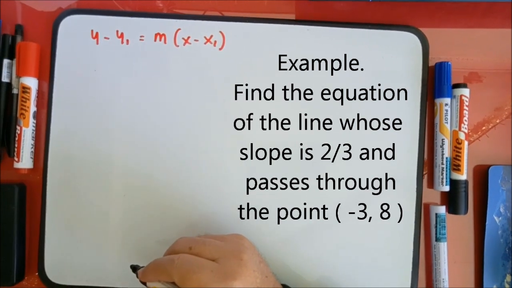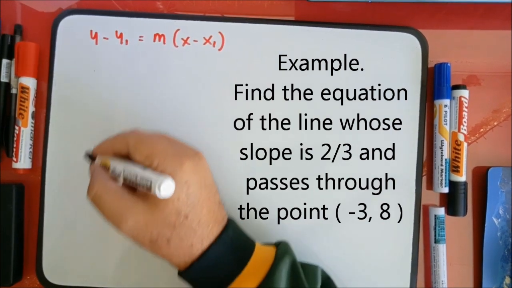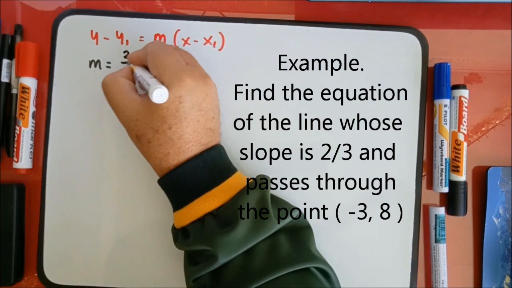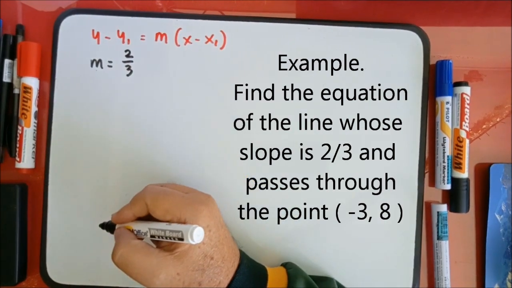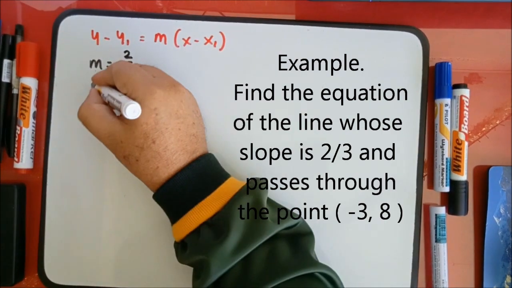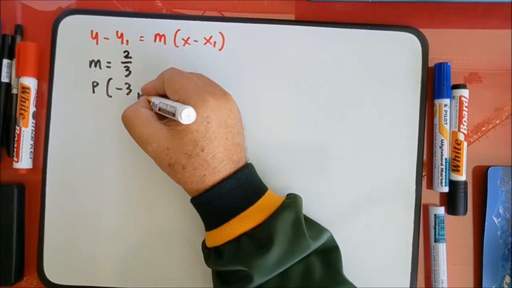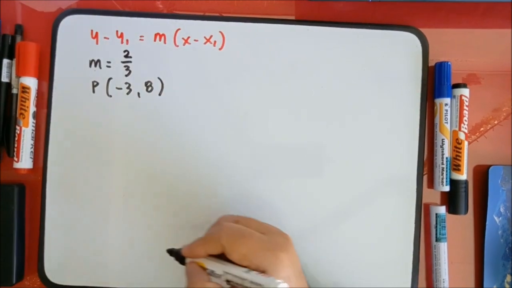Okay, example. Find the equation of the line whose slope is 2/3 and passes through the point negative 3 and 8. Okay, so yung slope mo ay 2/3. Then your point is negative 3 and 8.